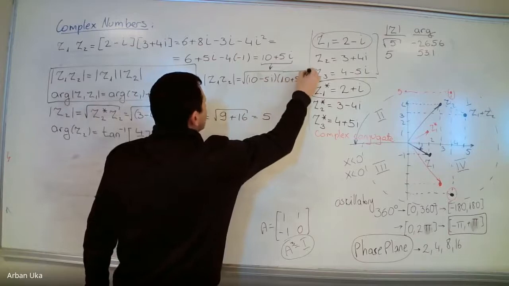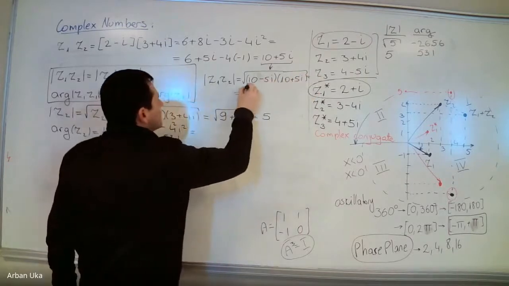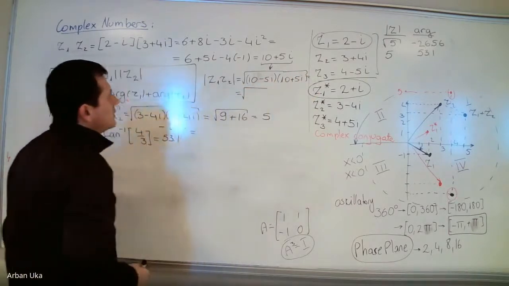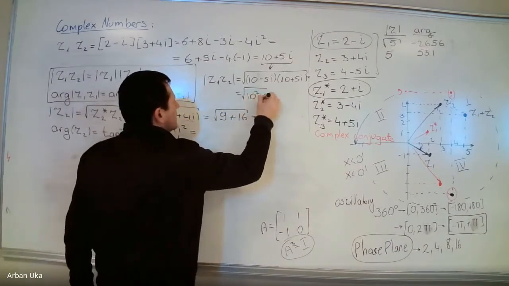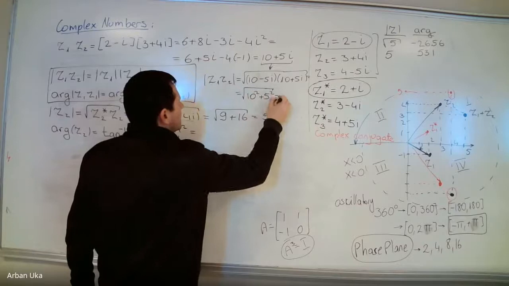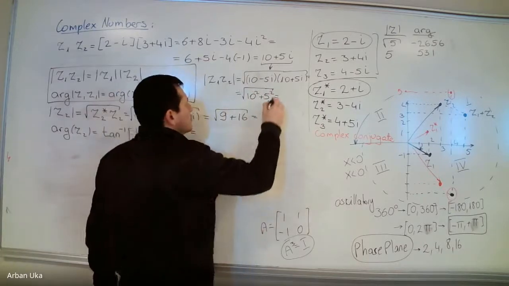This is equal to the square root of 10 squared plus 5 squared, so this will be the square root of 125.